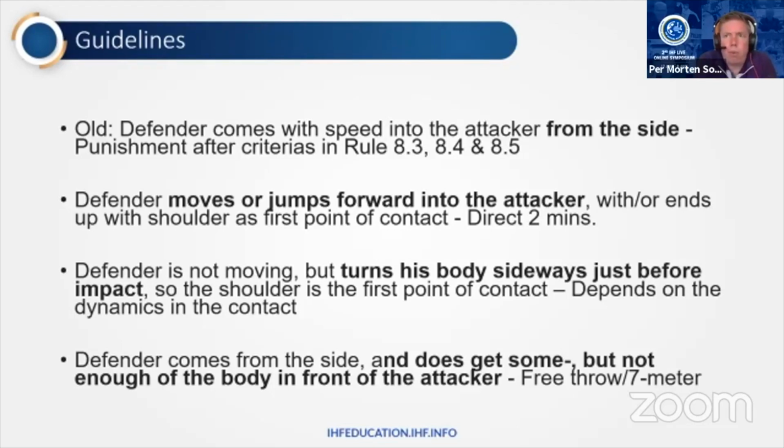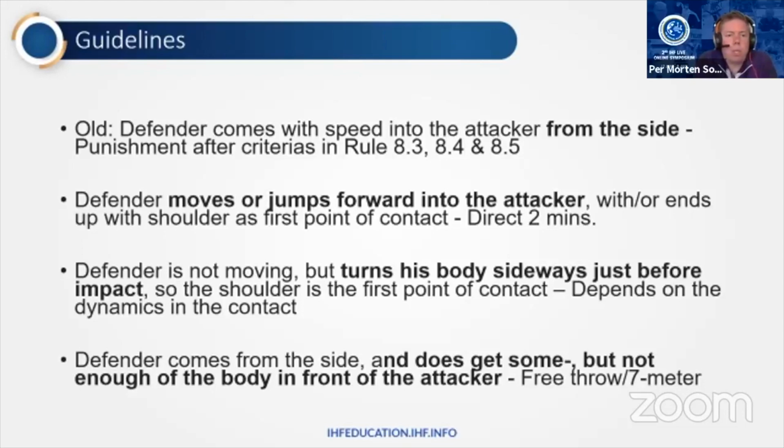Then you have rule 8.4, which is a direct 2-minute suspension, or rule 8.5, which is a direct disqualification. That means a red card. It depends how speedy the situation is, what the effect of it is, where the positions are, and of course which body part is hit. That's the 4 criteria for punishments, but we'll not make a big number of that.